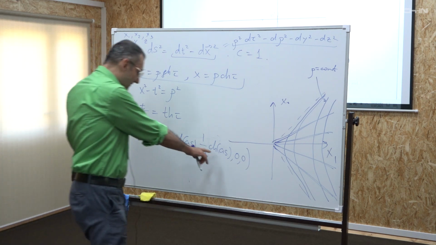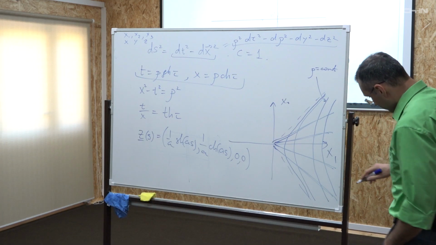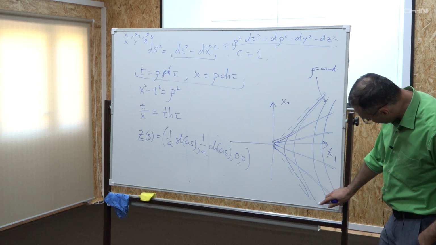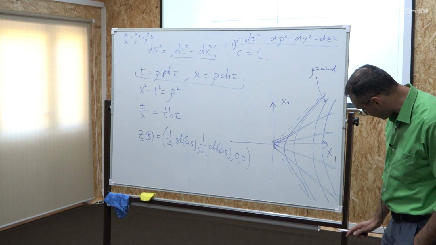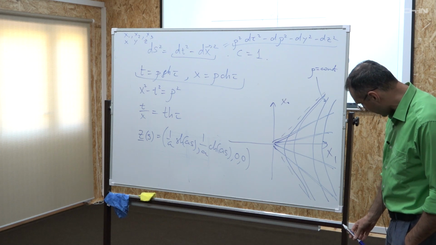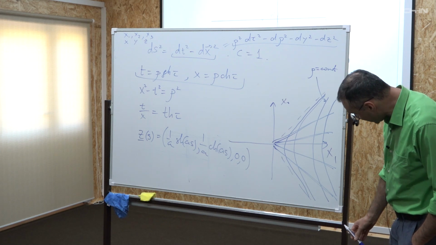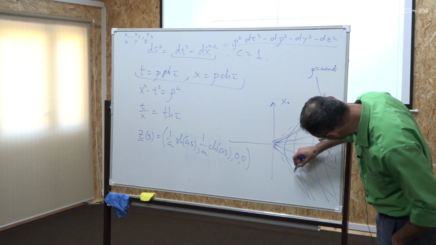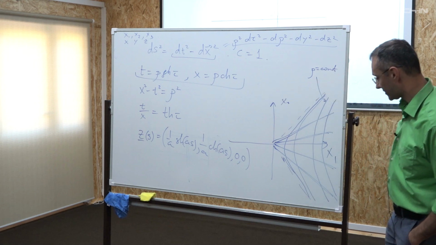So if I have such a motion, I can describe it as follows. Here, at minus infinity, my particle has the speed of light. The speed is just tangential to this curve, right?